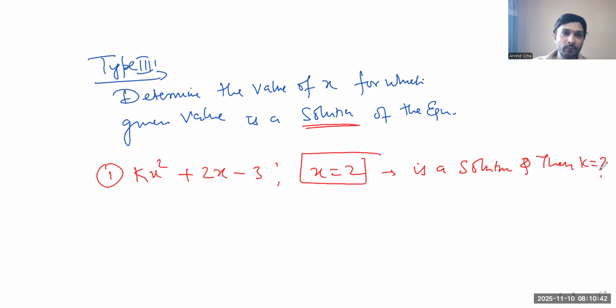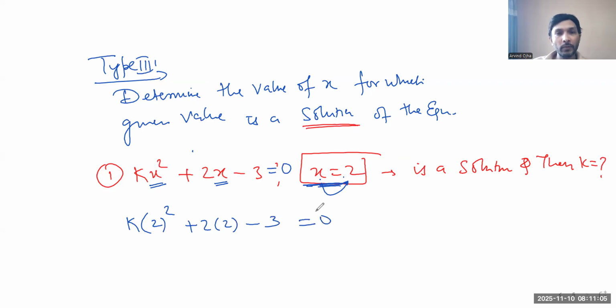So in this case what we will do is just put the value of x as 2 wherever we are finding x. Okay, now the condition is given over here, it is equal to 0. So k and x is 2, so it will become k times 2 square plus 2 of 2 minus 3, and it is 0. So I'm equating it with 0 because it is already given.